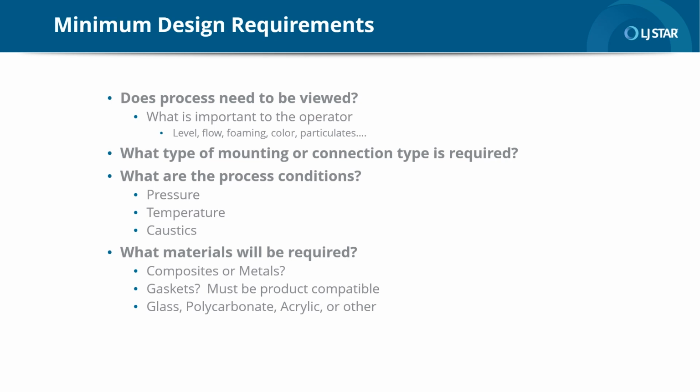And then we can get into glass, whether or not the standard glass would work, or if they need a polycarbonate or an acrylic. But basically, the materials are going to be driven by what those pressure and temperature conditions are. So those are extremely important, and these are what we require when you come to us for a quote and want to have a conversation about what we can and can't do for you.